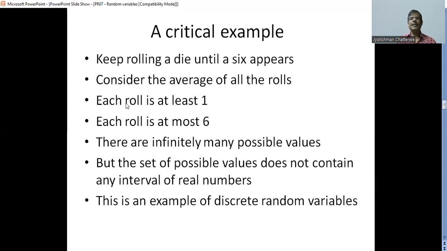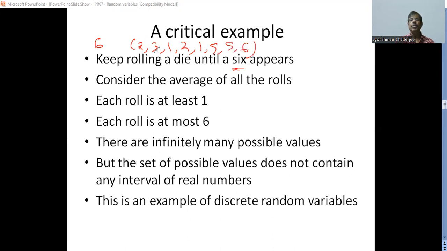Here is a critical example. Read these points. Keep rolling a die until you get a 6. So possible outcomes can be 6. If the first throw of the die produces 6, you stop. Otherwise, it may be like this: 2, 3, 1, 2, 1, 5, 5.